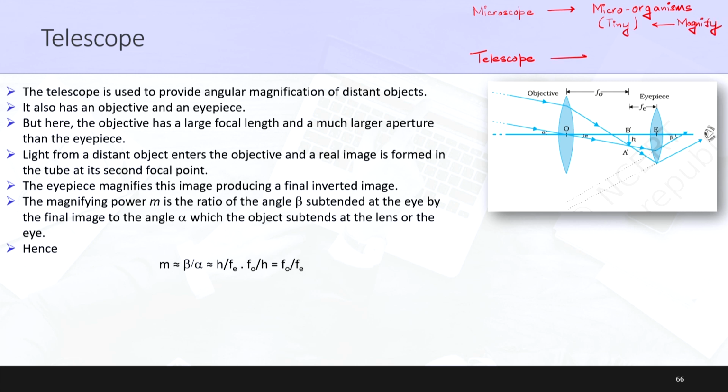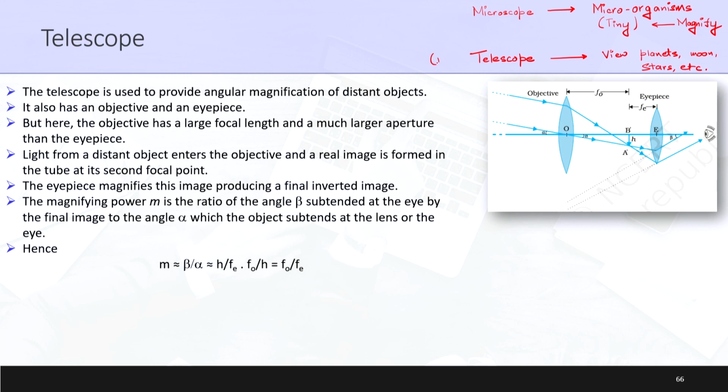What is a telescope? Telescopes are basically used to view planets, moon, stars, etc. So to view constellations and the sky, we use a telescope. What does it do? It magnifies large objects which are already large, but are at a very far distance from us.